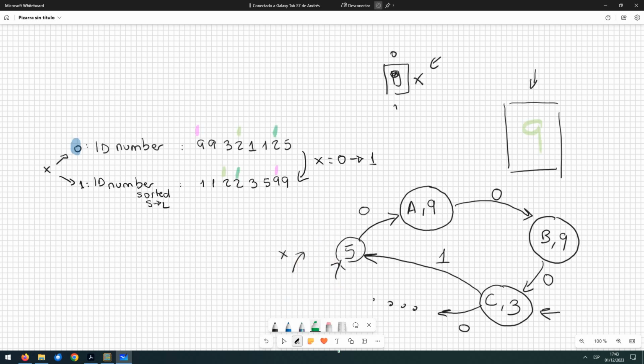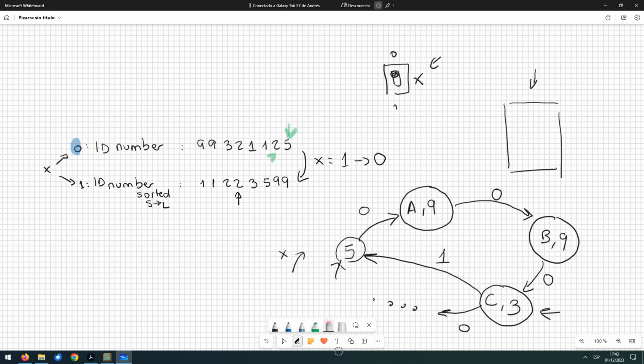Okay? Because, for example, if the change happens the opposite way, from 1 to 0, and we are here in the second 2, when changing to the first sequence, we have to go to the second 2, and the next digit is going to be 5. Okay, this is important.